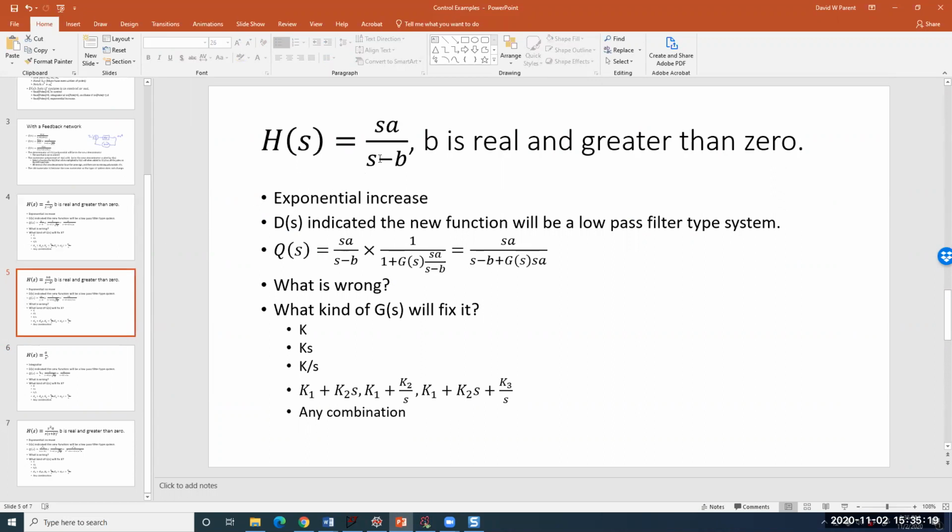So now we have H of S equals S times A. So S times A will, if this were in control, right, if all the poles are on the left-hand side, this would be a high pass filter, right? But we have a slightly different numerator. So we multiply all that through.